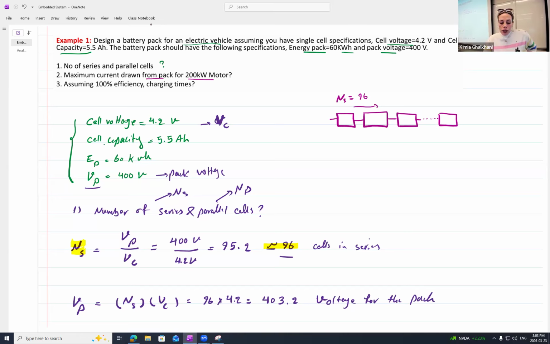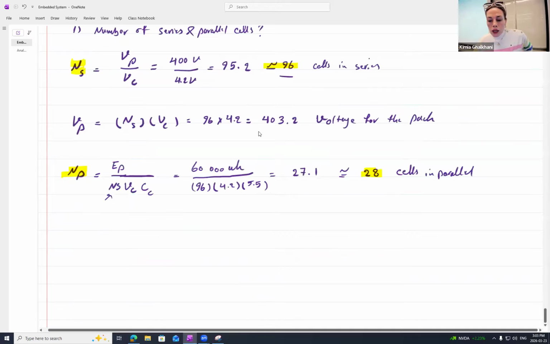Then I have the number of cells in parallel, which I calculated to be 28.